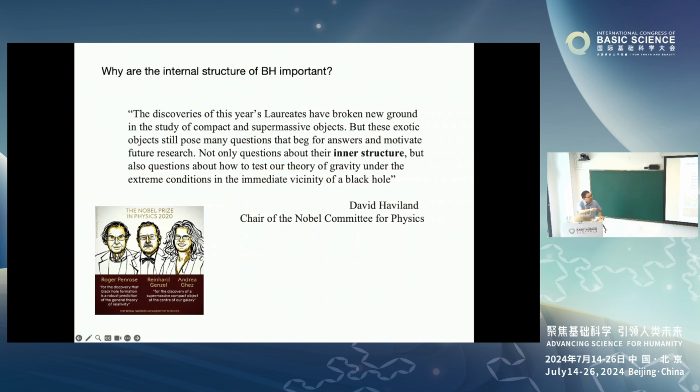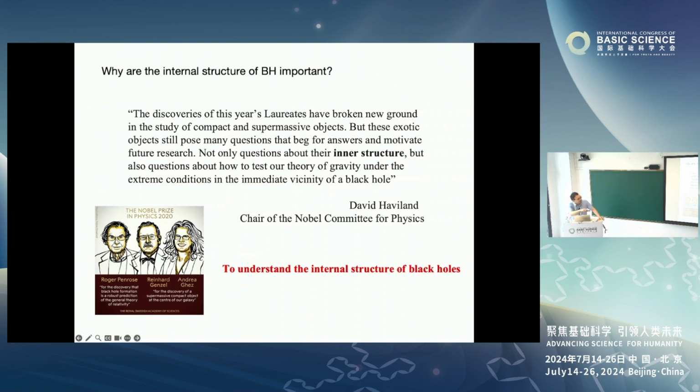Indeed, as emphasized by David Haviland, the chair of the Nobel Committee for Physics in 2020, the discovery of this Nobel Prize has broken new ground in the study of compact and supermassive objects, just black holes. But these black holes still pose many questions that beg for answers and motivate further research. One question is the internal structure of the black hole.